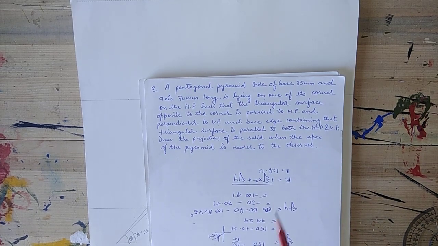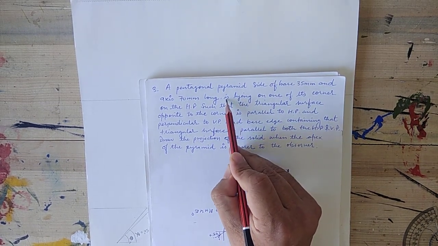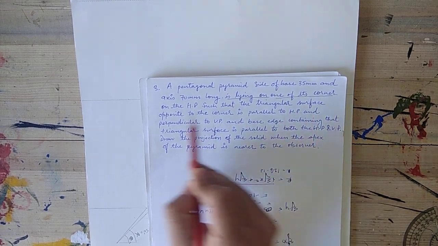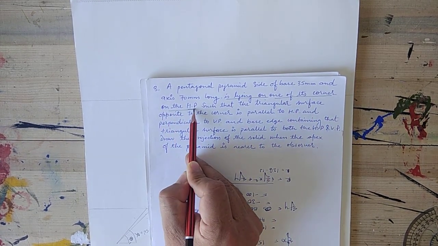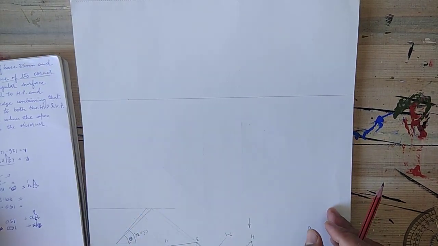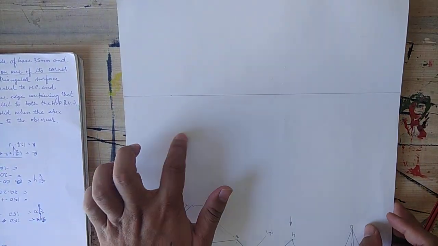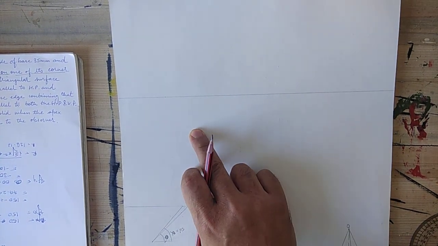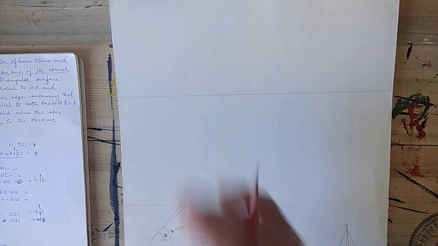So now class, here the first stage condition is lying on one of its base corners on the HP. So that means, class, the whole base of the pentagonal pyramid is resting on HP and the position of the corner is towards the right.